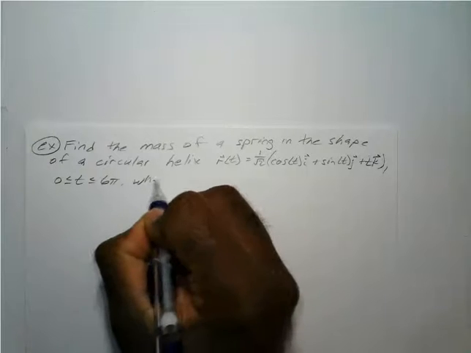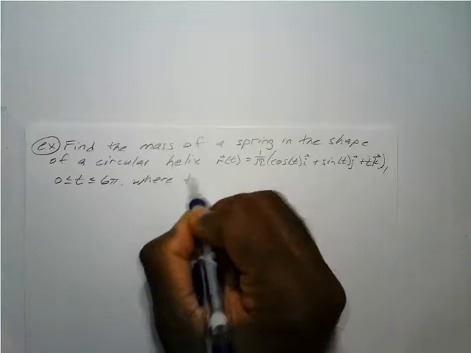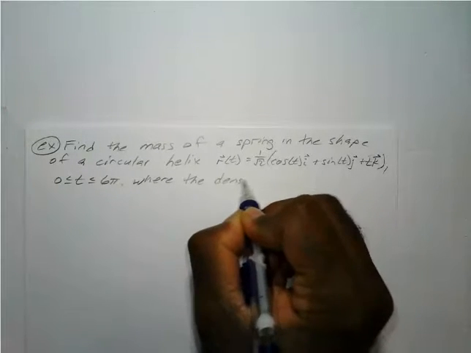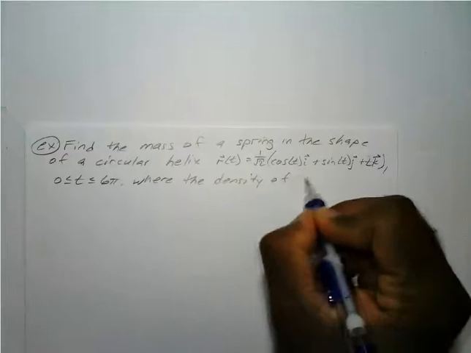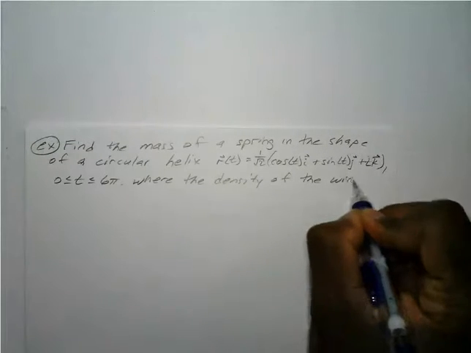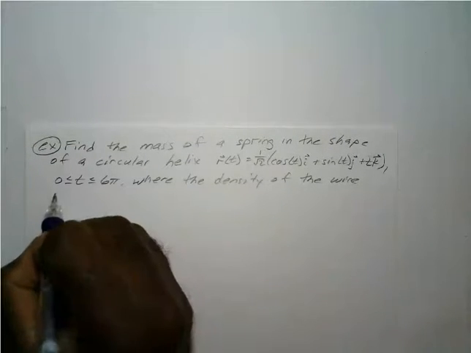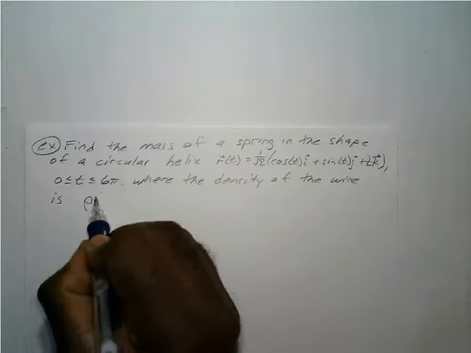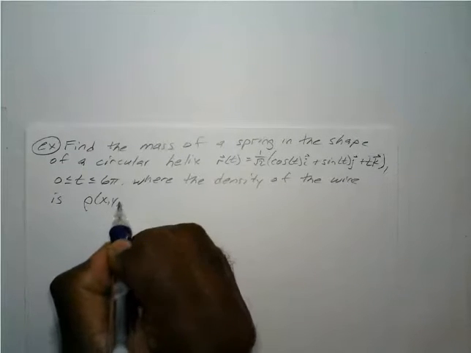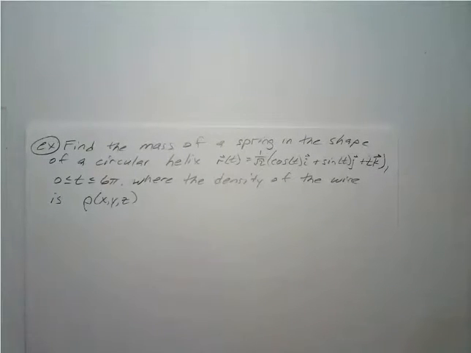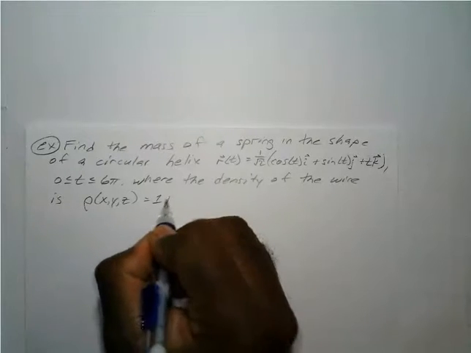Okay, where the density of the wire is rho of x, y, z equal to 1 plus z.